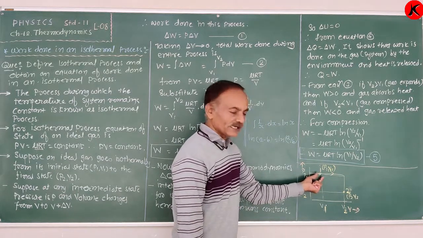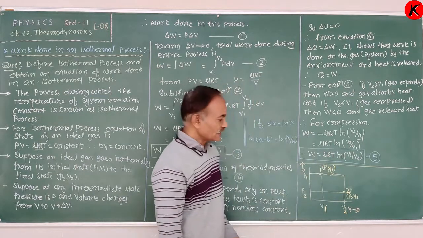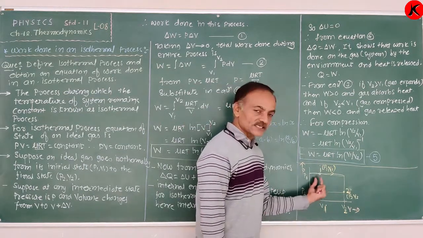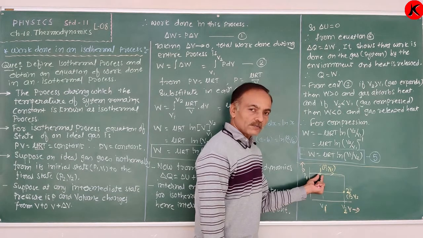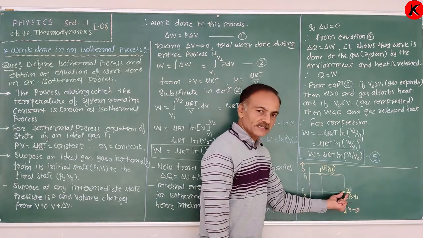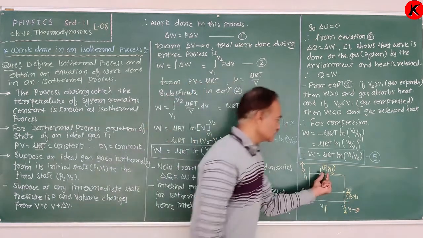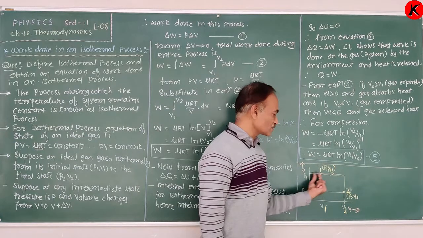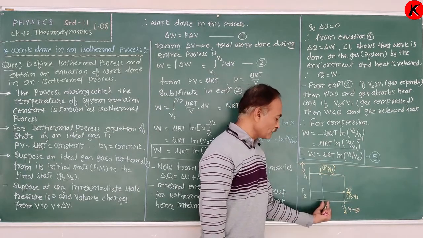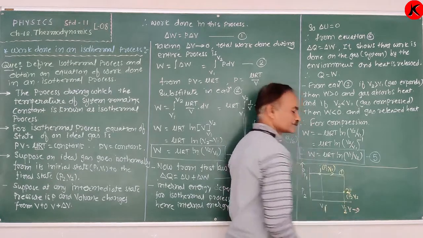The initial state of an ideal gas is 1, where the pressure is P1, volume is V1. This ideal gas goes isothermally from initial state P1 V1 to final state P2 V2. Here are the three ways. One is keeping the pressure constant and changing the volume from V1 to V2. So that is the first way.